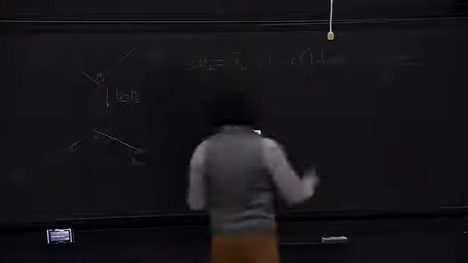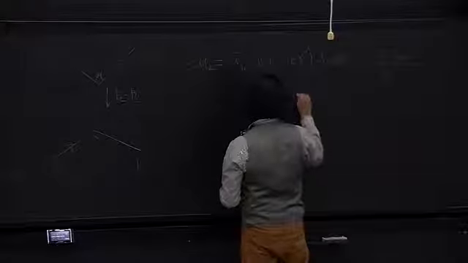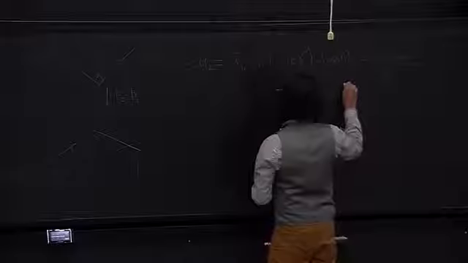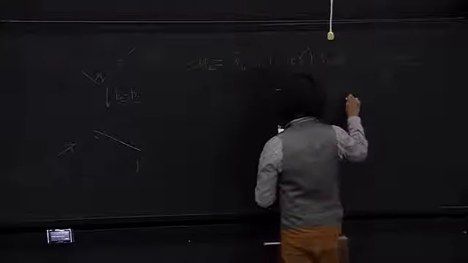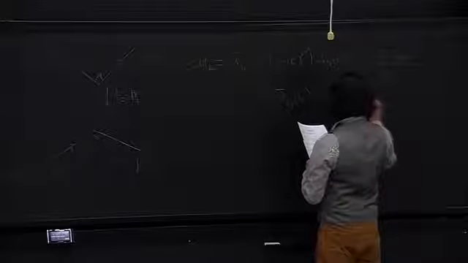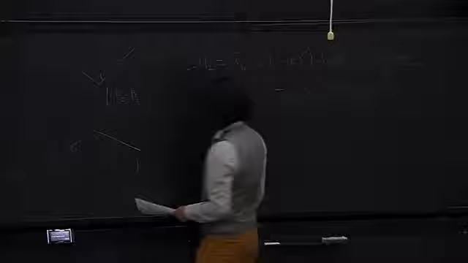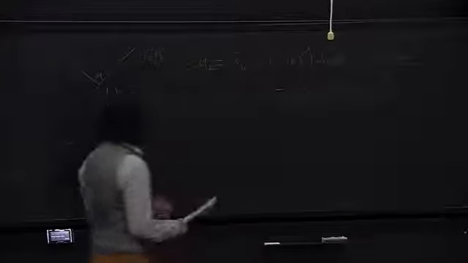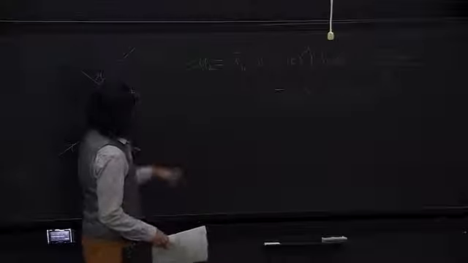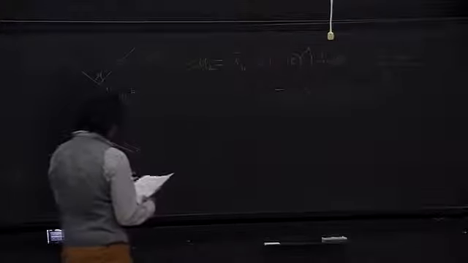And then we come to the muon line. For the muon line, we have u bar r2 p2 minus ie gamma mu, and another u, s2 p2. Maybe there's a prime here. And then we can do the same thing where we sum over the final state and average over the initial states.